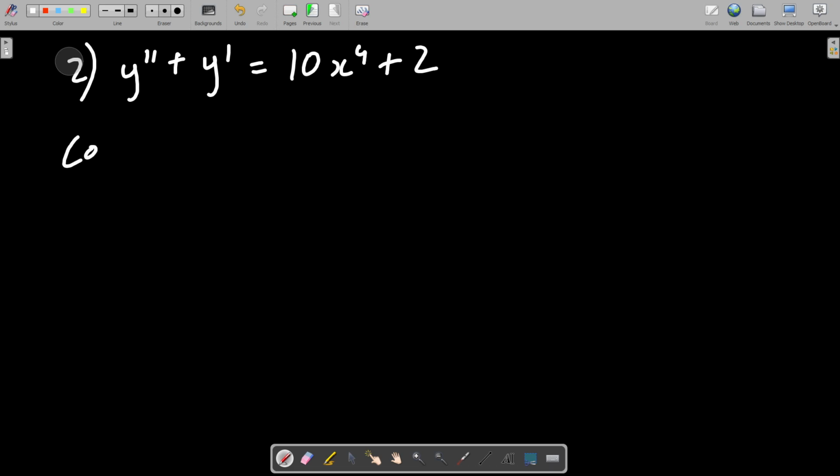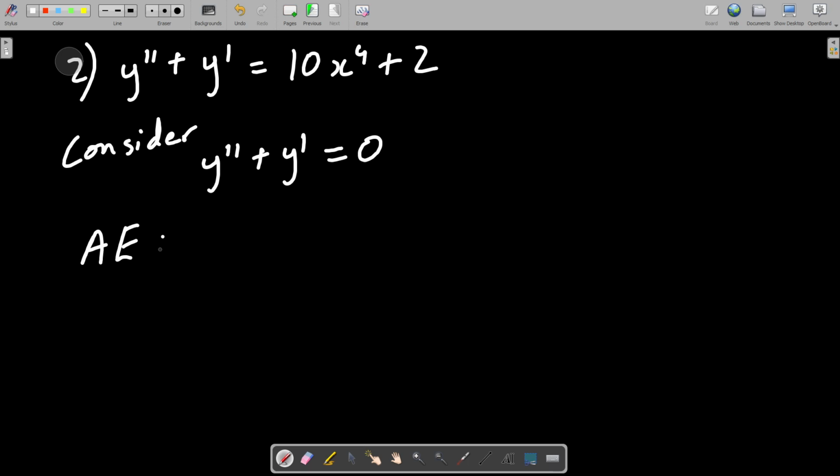So first I'll consider this expression y double prime plus y prime is equal to 0. The corresponding auxiliary equation will be r square plus r is equal to 0. So this will leave you with r is equal to 0 or r is equal to minus 1.